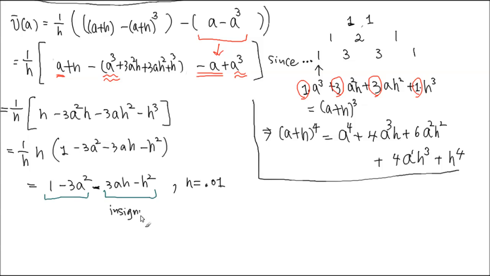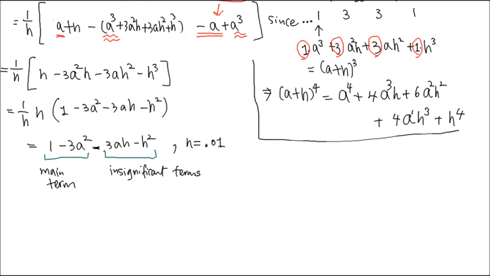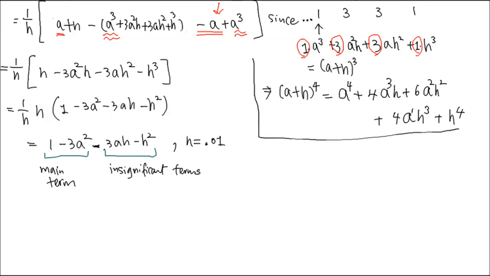Would you say that? Insignificant term in terms of its magnitude. It's very small. If you multiply 0.01 to these quantities, it's very, very small, right? And this is the main term. So when you calculate average velocity, it can often be separated into the main term and an insignificant term, which involves h in there. Make sense?